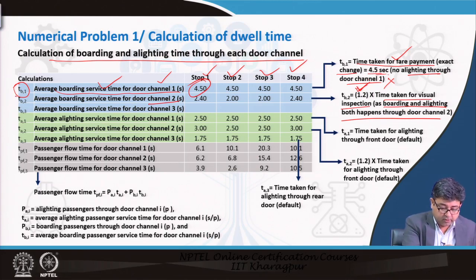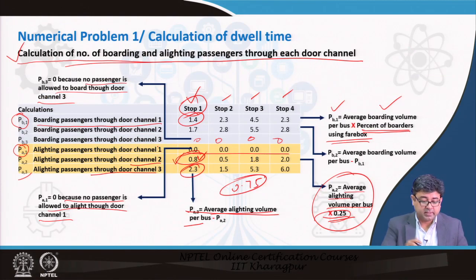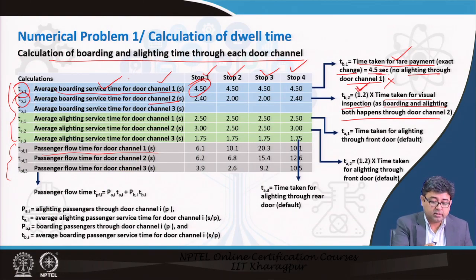After you have calculated the time taken for boarding and alighting, next you have to calculate the passenger flow time through each of the door channels. Now, you know the number of passengers, you have calculated the boarding number of passengers, and you have calculated the average boarding service time. Now, you have to know the passenger flow time.